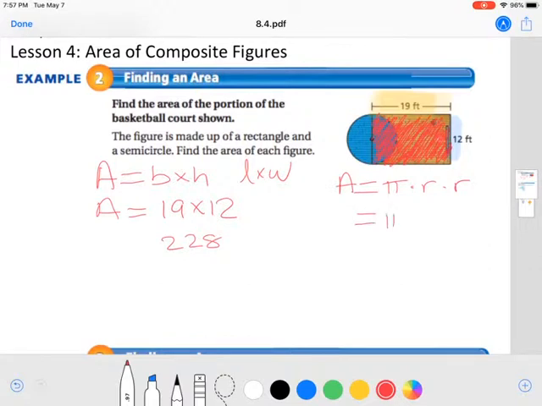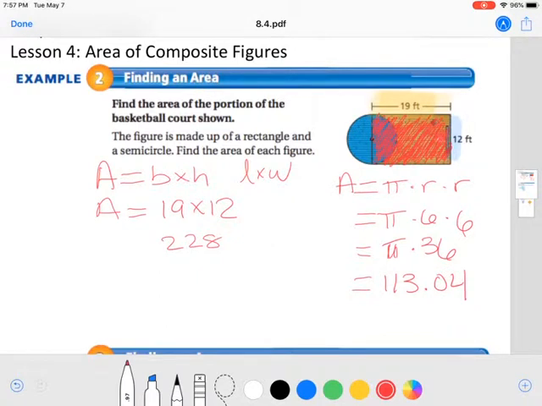So our area is going to be pi times 6 times 6. So this ends up being pi times 36, or 36 pi. And when we calculate that out, we get 113.04.